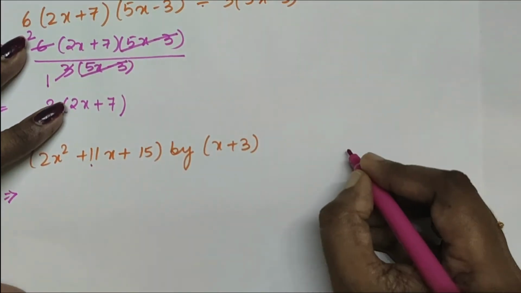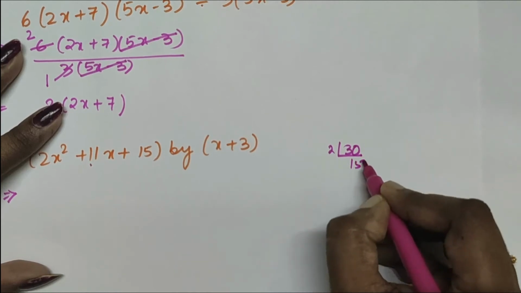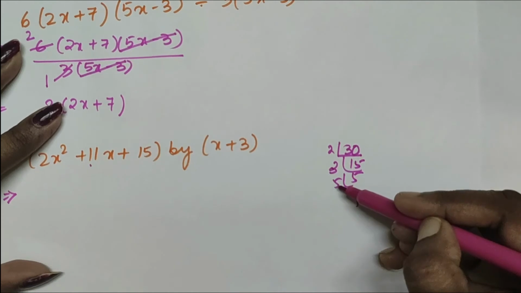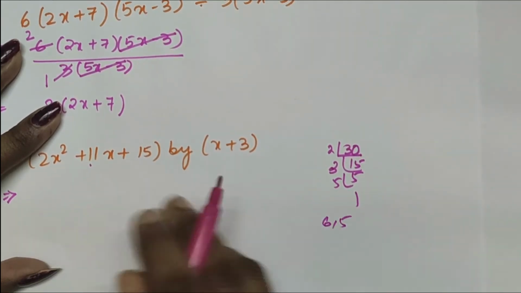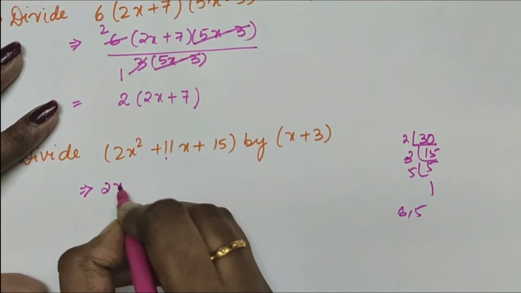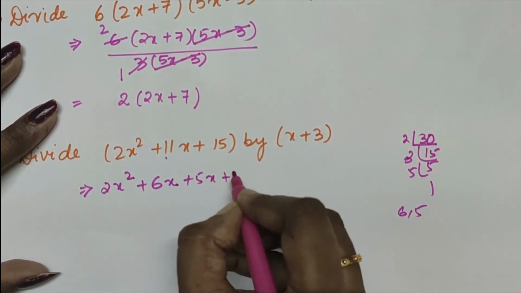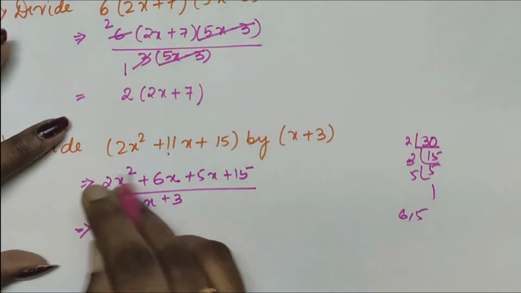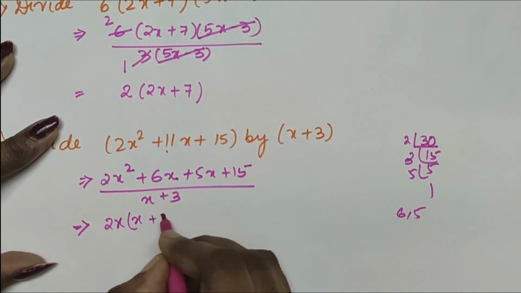I have told you about the prime factorization method. You can just try the combinations, like 6 and 5 will give me 11, isn't it? And when I multiply them I get 30. So I can write 2x square plus 6x plus 5x plus 15 divided by x plus 3. Now I can take the common factors out. 2x is common, so 2x into x plus 3.